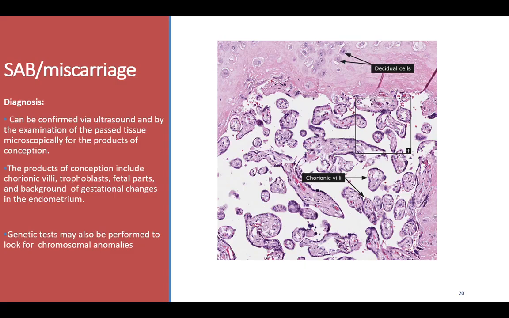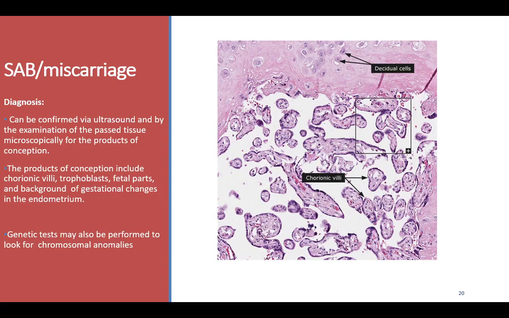In more than 95% of cases, we cannot find embryologic components or parts. Sometimes, rarely, we see it. Most of the time we don't see it. What we actually look for is trophoblastic tissue. We look for chorionic villi.